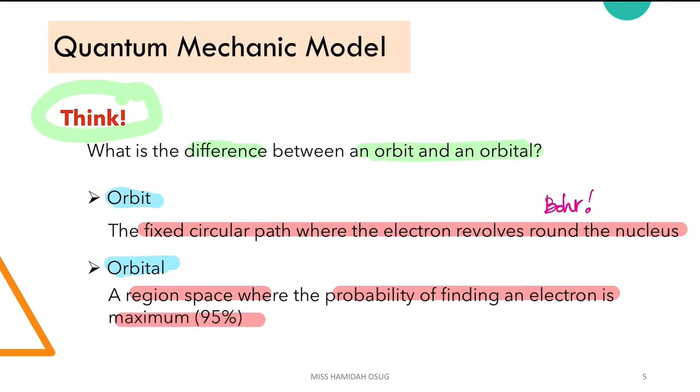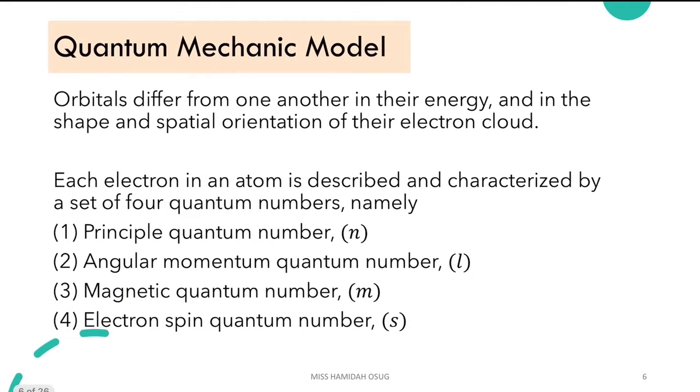Orbit was introduced by Bohr, while orbital was introduced by Heisenberg. Orbitals differ from one another in type of energy, shape, or spatial orientation on the electron cloud.